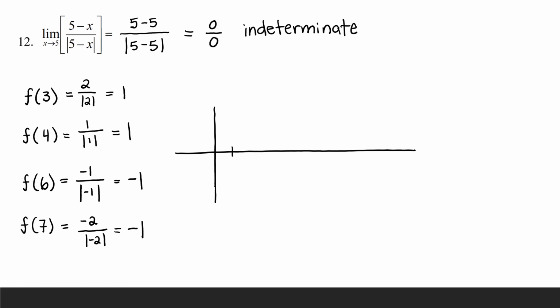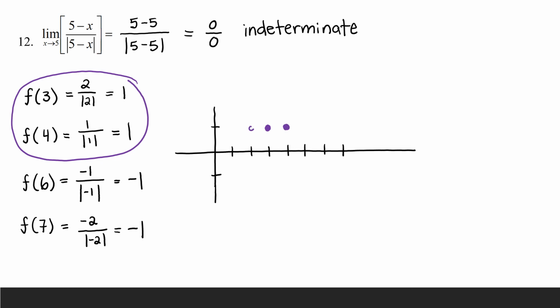Okay, so 1, 2, 3, 4, 5, 6, 7, 1 and negative 1. We know that, well, let's see, I'm going to treat these guys as purple. So we know that f of 3 is 1, and we know that f of 4 is 1.